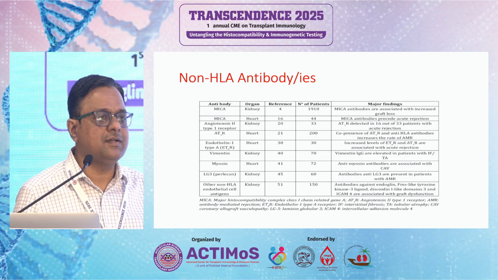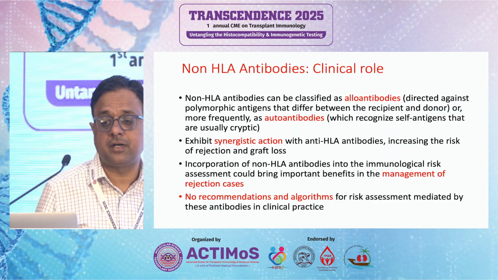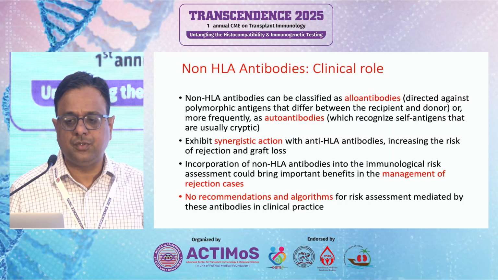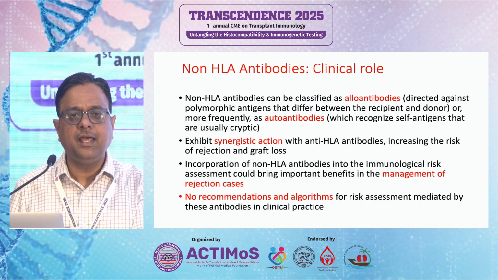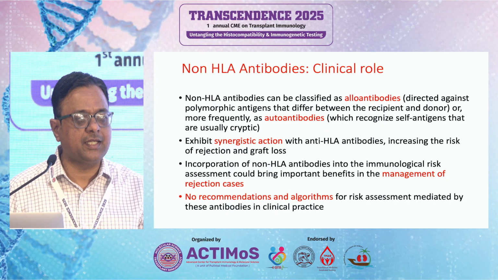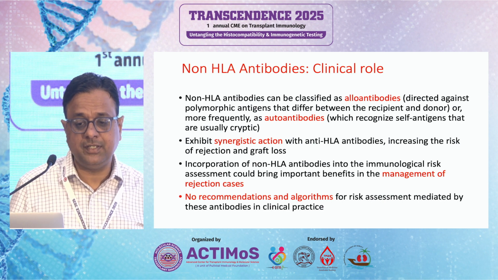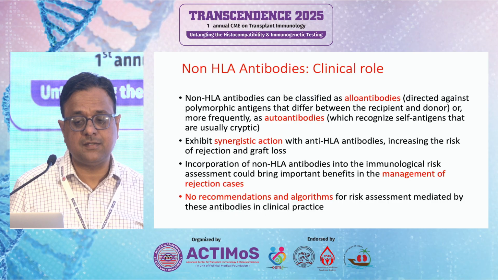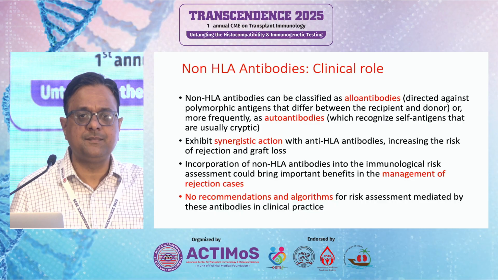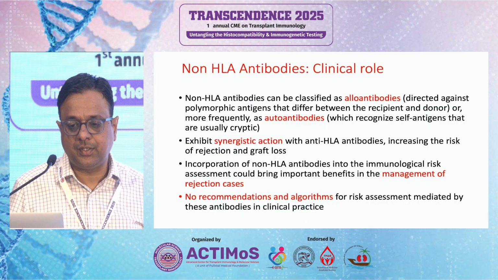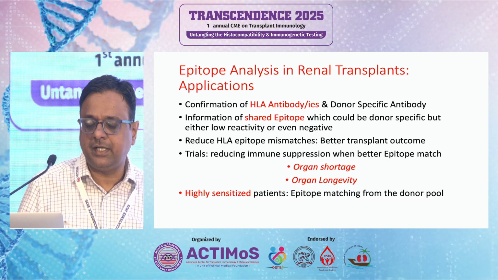These antibodies can cause graft failure or graft rejection. We don't always have to look for non-HLA antibodies, but whenever we have a clear indication of ABMR and our SAB is negative, it is required to test for non-HLA antibodies and find out whether they are the cause. As of now, no recommendation or algorithm says we have to include non-HLA antibodies in our pre-transplant testing algorithm.